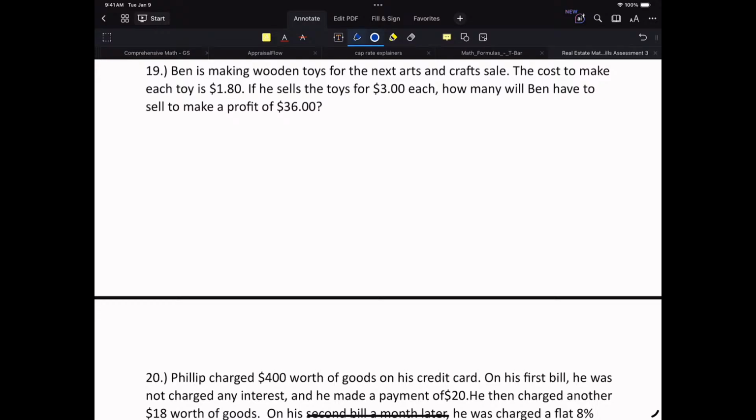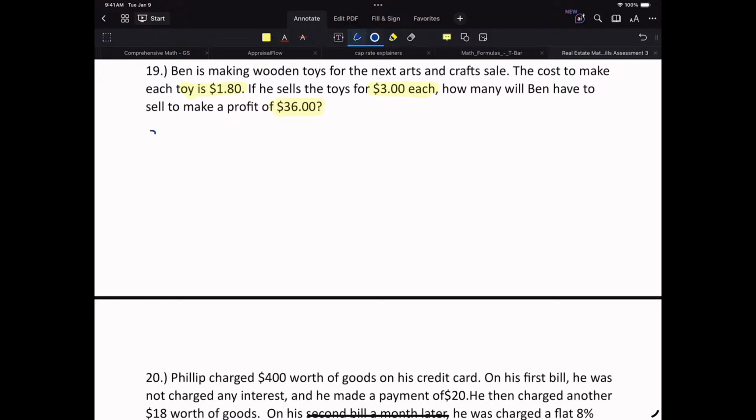All right. Ben is making wooden toys for the next arts and crafts sale. The cost to make each toy is $1.80. That's an important number. If he sells the toys for $3 each, how many will Ben have to sell to make a profit of $36? Well, let's figure out how much profit he makes per toy.